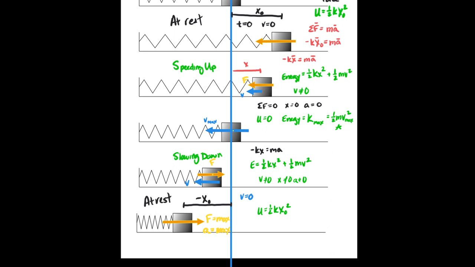How much of an oscillation have we completed? This is half of an oscillation. So here to here is 1/4 of an oscillation. And here to here is 1/2 of an oscillation.